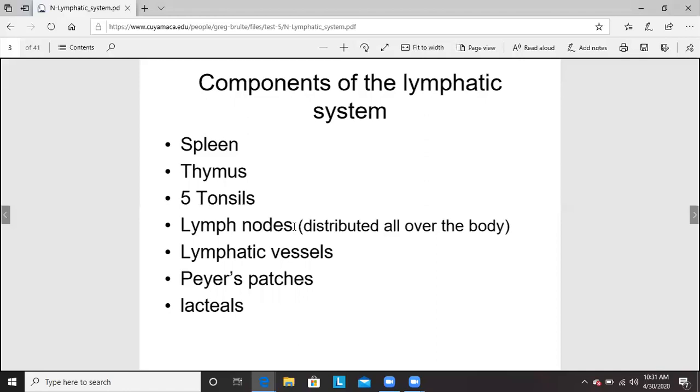Lymph nodes are distributed in places around the body. Lymphatic vessels, same thing. We haven't lectured on these yet, but there are structures called Peyer's patches, which are basically lymphatic nodules in the intestines, and then lacteals. I'll show you those. They're located in the villi in the intestines, and they absorb fat and fat-soluble vitamins.